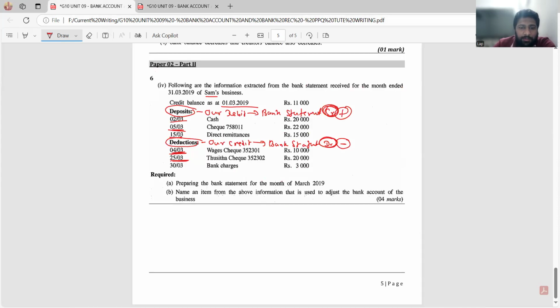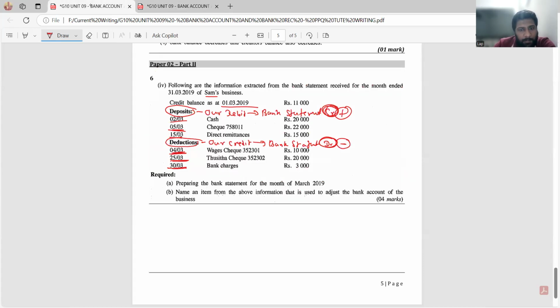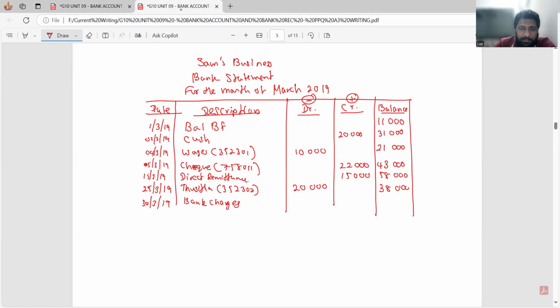The last one, 31/3, bank charges. What's the value? 3,000. It will reduce the balance, giving 35,000.